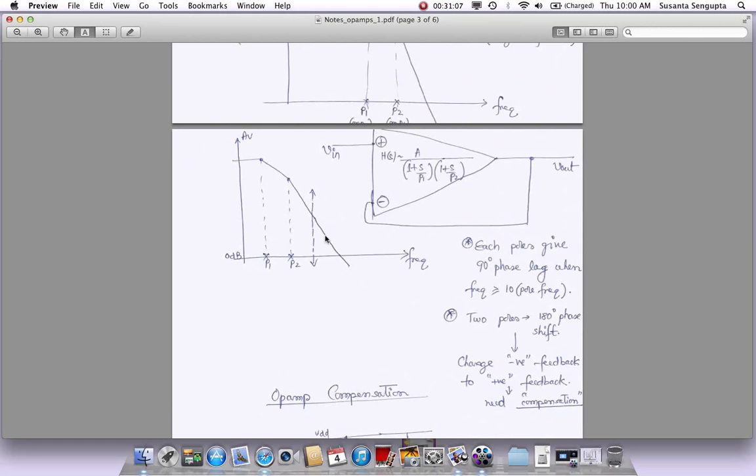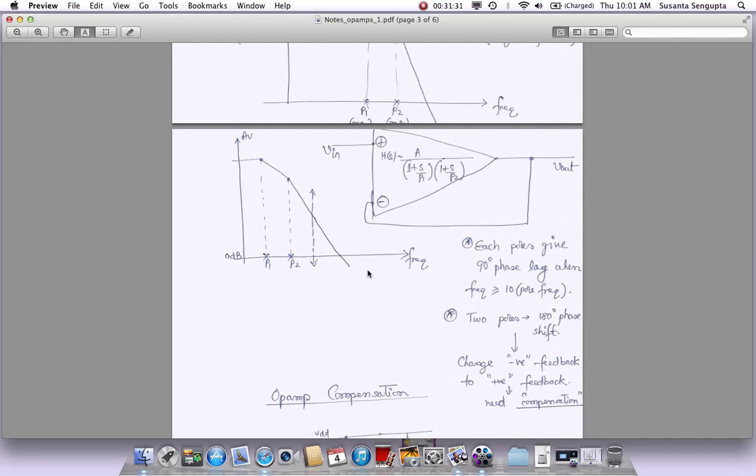Any of these frequencies where the gain is more than 0 dB, that is the only set of frequencies that is of interest to us, where we don't want the phase to shift by a complete 180 degree because it's two poles. If you go to higher frequencies where the gain has become less than 1, you don't really care because the phase will shift.